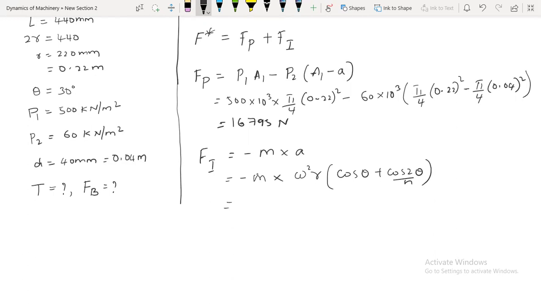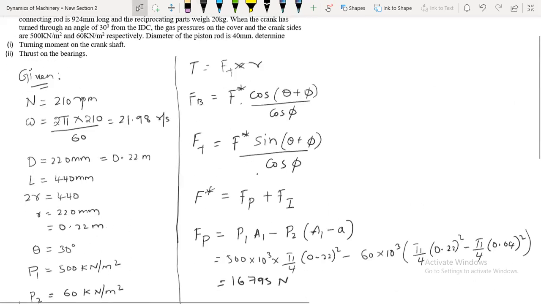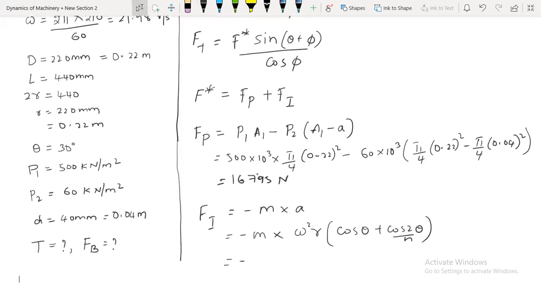So when I substitute all the values here, the mass is given in the question as 20 kgs. Reciprocating mass weighs 20 kgs. So m is equals to 20 kgs.